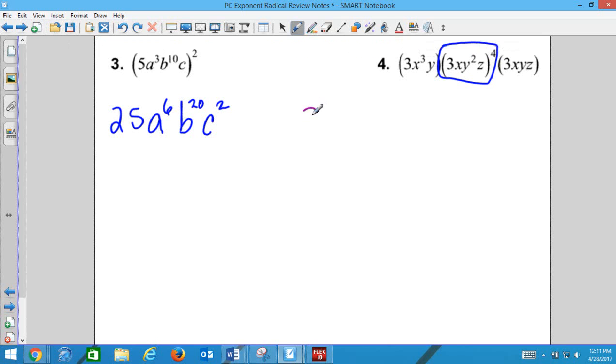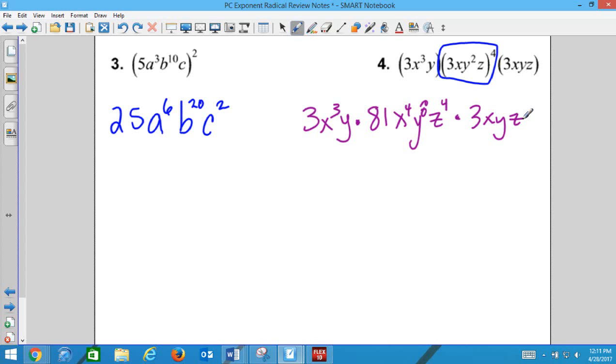I'm going to bring down my 3x cubed y, multiply that by, then I have to take everything to the fourth power. So what does 3 change into? 81, not 12. We do 3 to the fourth, 81. X to the fourth, y to the 8th, and z to the 4th. And then bring down the 3x, y, z.